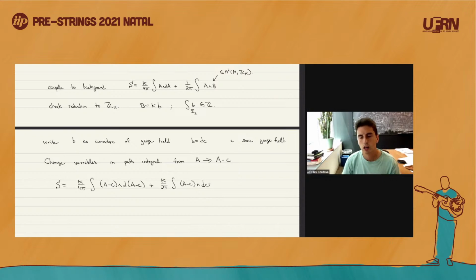So here I've used the relationship between big B and little b, and I've used that little b is equal to dc. So that's where I get this K, and that's why this looks like that.